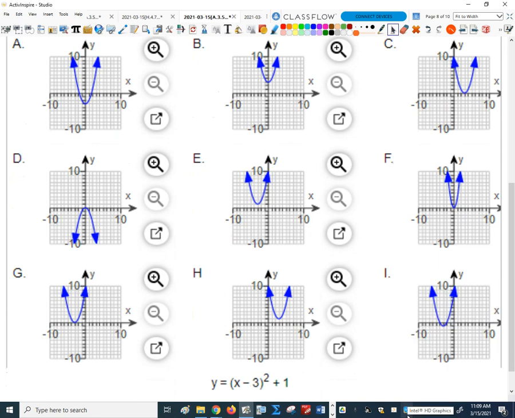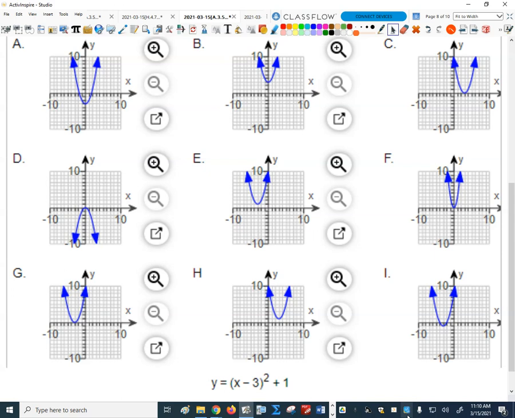Type in chat, which one of those graphs matches up with the quantity x minus 3 squared plus 1? Now on the test, you could make those bigger if you wanted to, right? Okay, good. Looks like H, doesn't it?